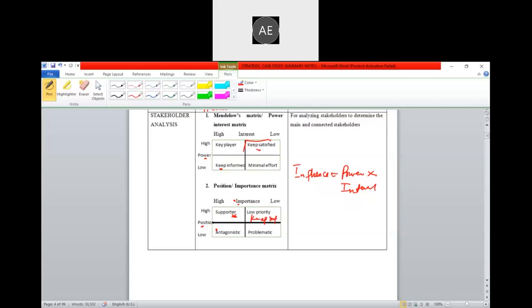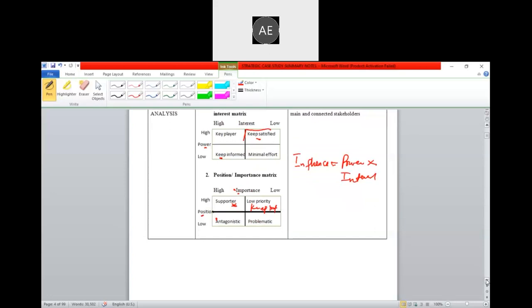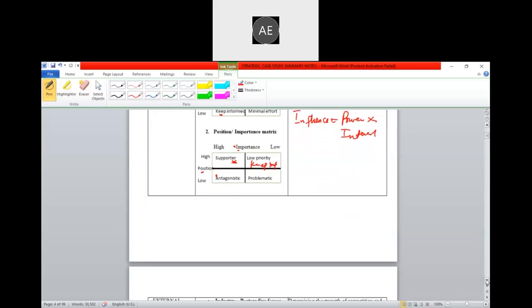And lastly, a stakeholder who is less important and has less position on a certain matter is called problematic. So that is the same as the minimal effort as in Mendelow's matrix. Okay, so these are the two known models or frameworks that are used to analyze stakeholders' expectation in order to know the influence of the stakeholders. Okay, so this is the second aspect of strategic position analysis.